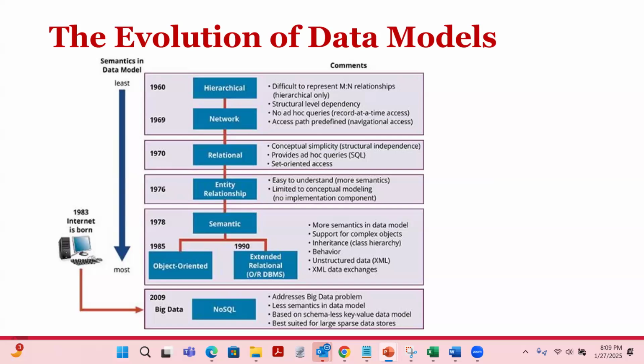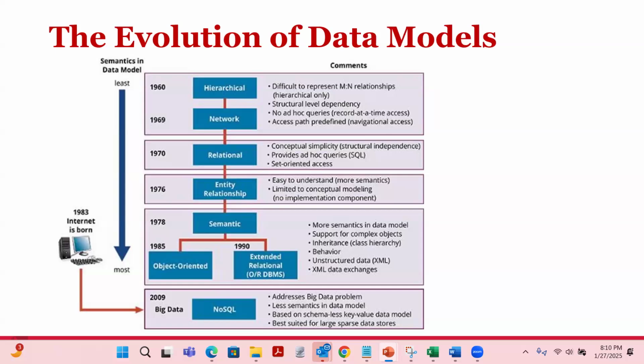So the entity relationship model is a model that allowed creating a representation of the data model in a diagram. And this entity relationship model we still use as the main data modeling technique for creating models for relational databases nowadays.